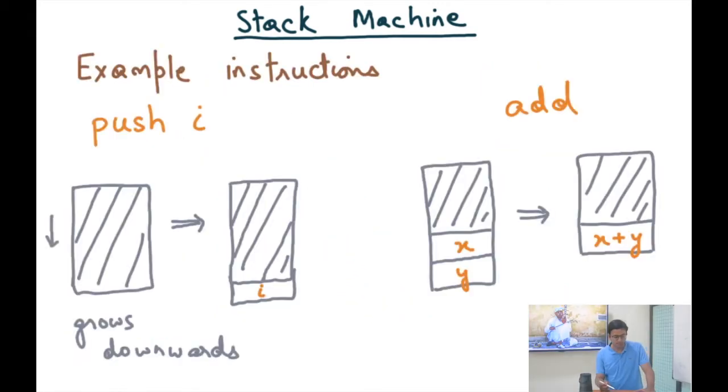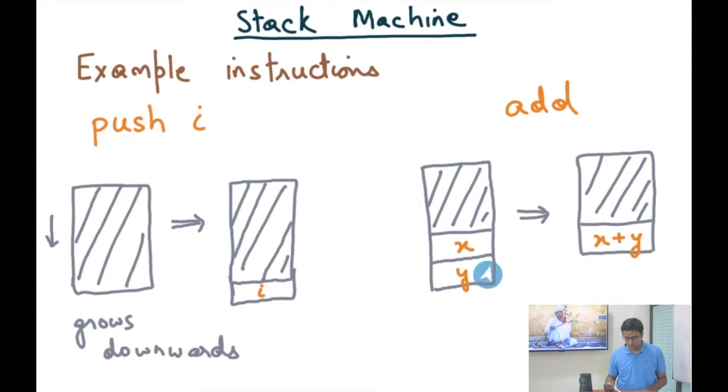So here are some example instructions. For example, an instruction like push I. So let's say this is a stack, and by convention we're going to assume that the stack grows downwards. So when you have an instruction like push I, it's just going to push the argument I, which is supposed to be a constant here, and it's just going to push that constant to the top of the stack. Now, similarly, there could be an opcode called add, and so add takes two operands.